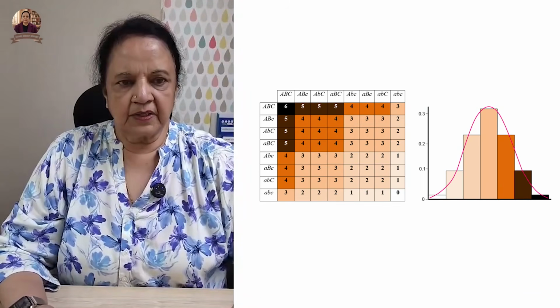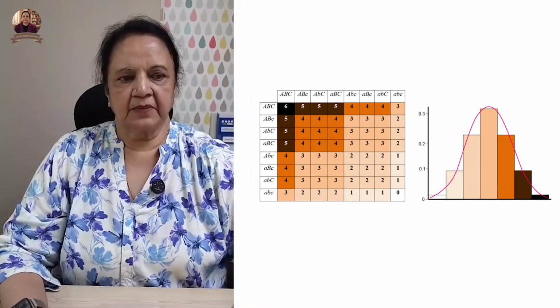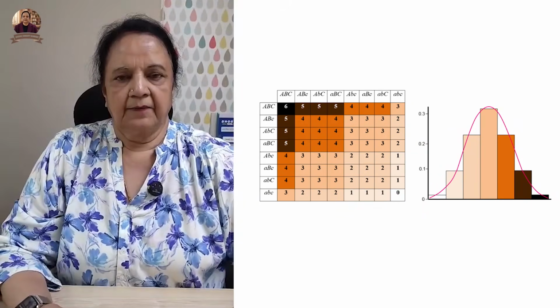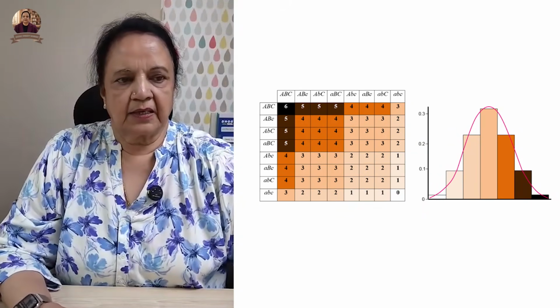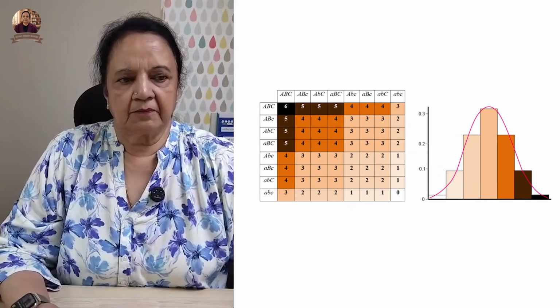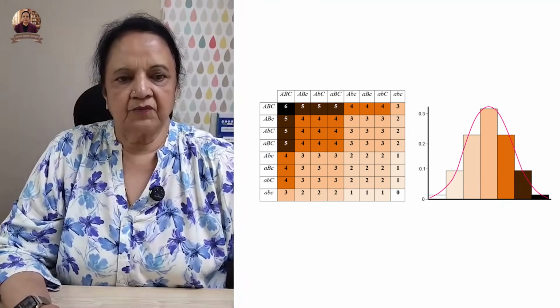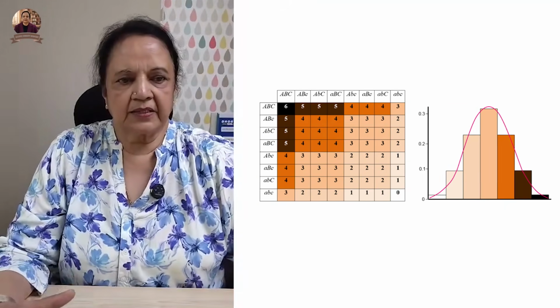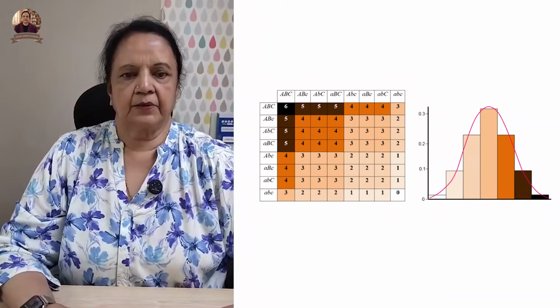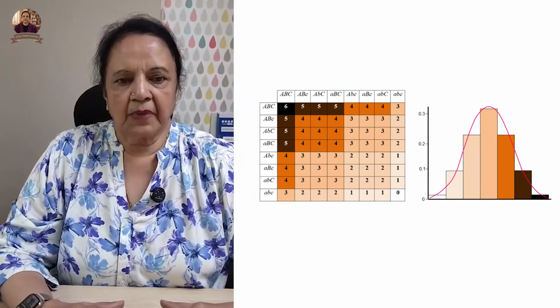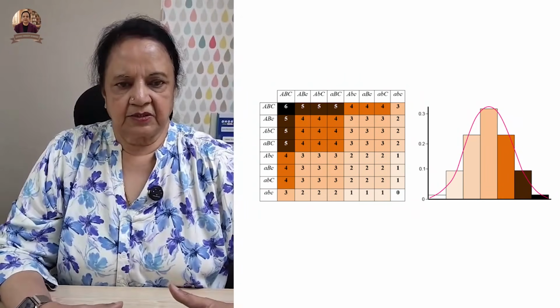A cross between two individuals with intermediate skin color, that is capital A, capital B, small b, and capital C, small c, will produce a wide range of phenotypes from very light to very dark, forming a continuous variation.